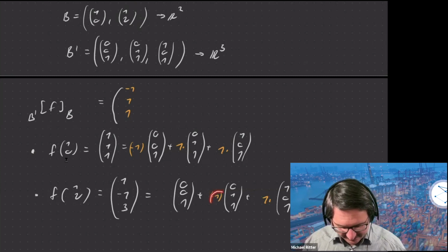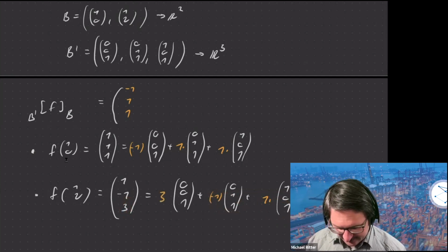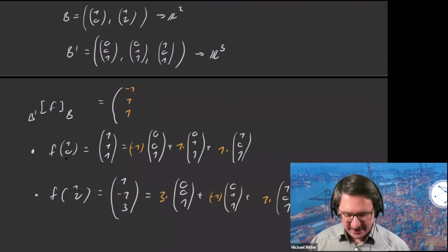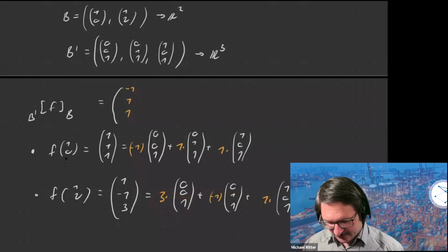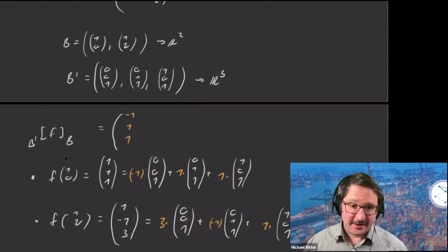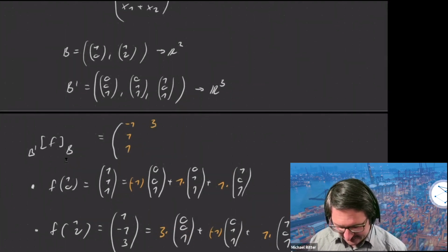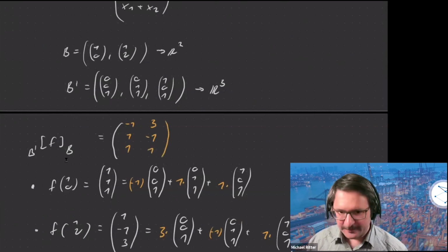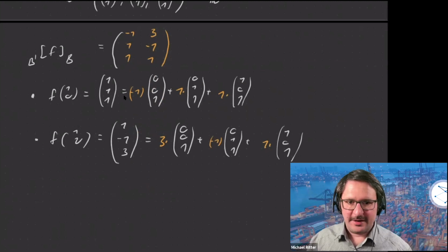So we have -1 plus 1, that's a 0. We want a 3. And that means we have to put a coefficient of 3 here to get this right. So the second column of our transformation matrix is then 3, -1, and +1. So this is the matrix representation that we're getting here.